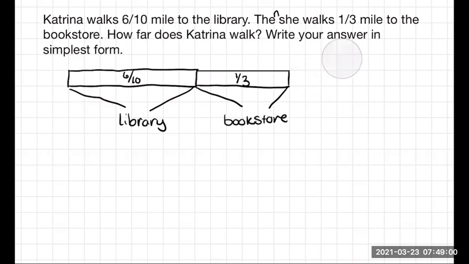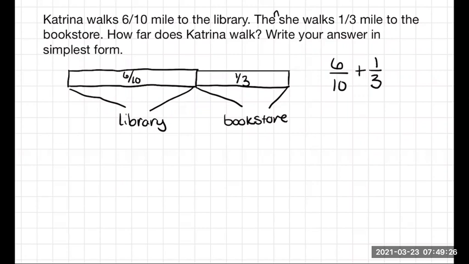So looking at these two fractions, are they related? Are their denominators related? No, their denominators are not related.